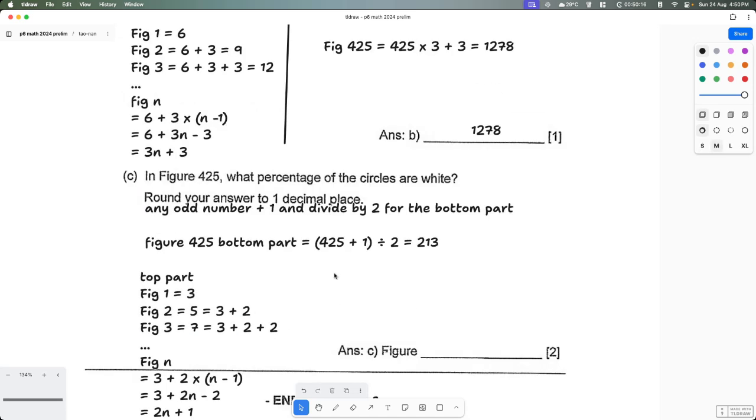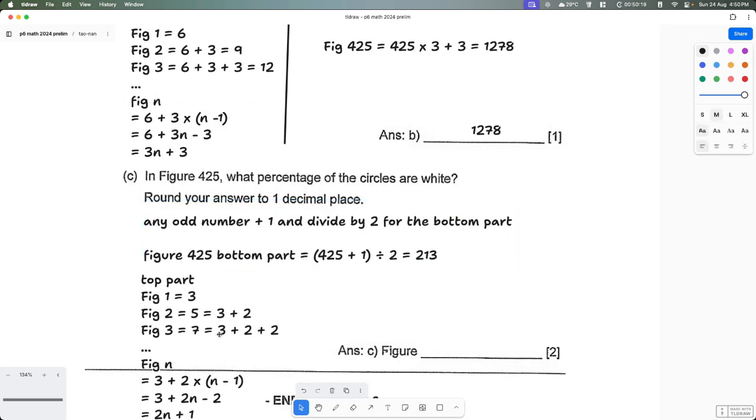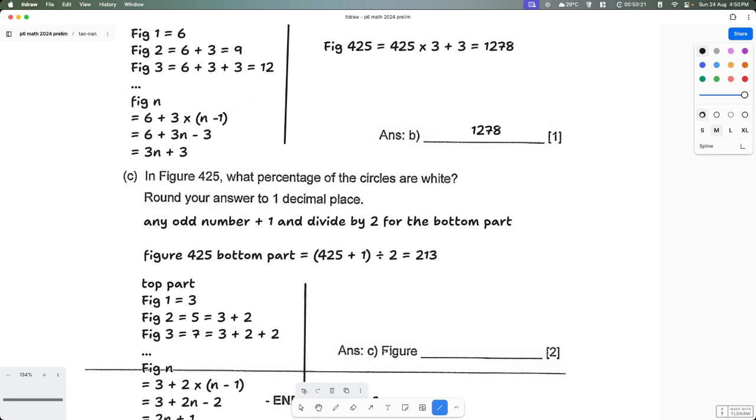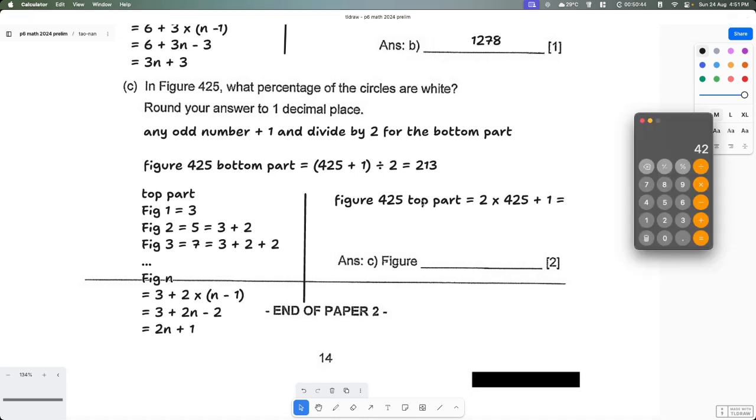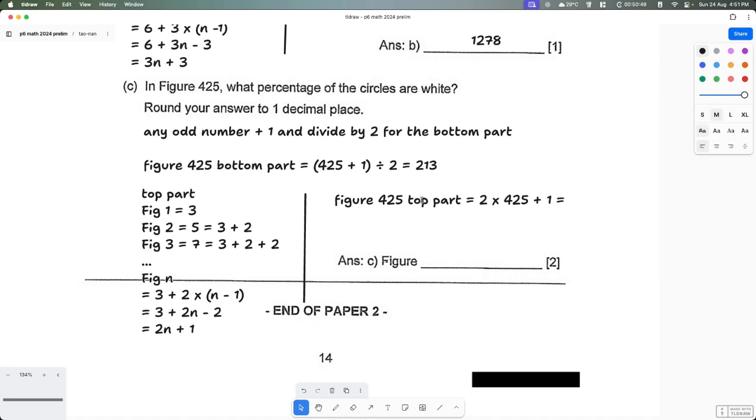Then for figure 4 to 5, bottom part and top part. So figure 4 to 5, top part is equal to 2 times 4 to 5 plus 1, which is equal to 4 to 5 times 2 plus 1, which is 851.